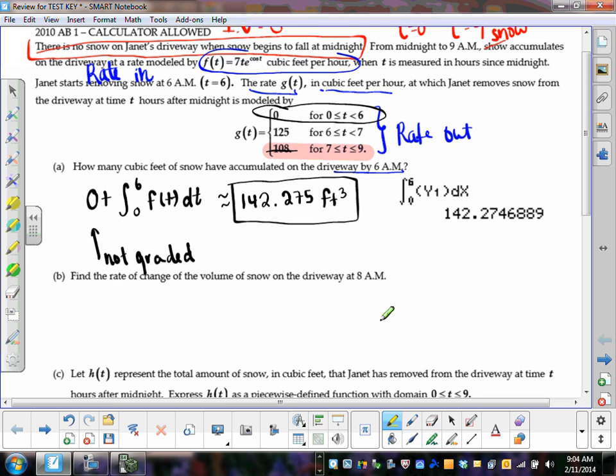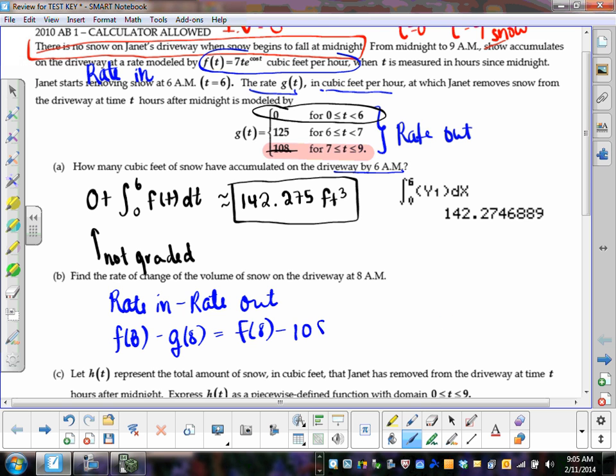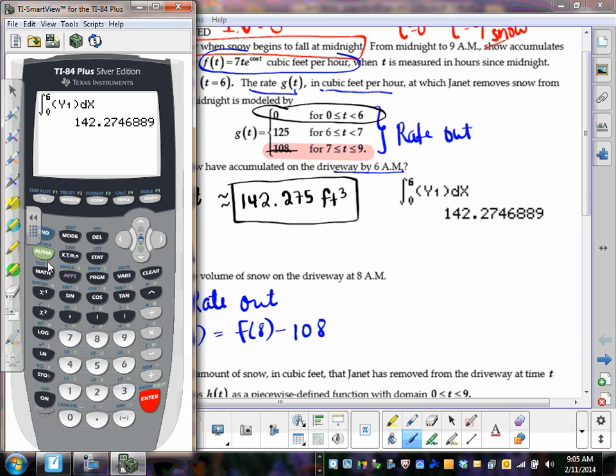And now the rate of change of volume is actually the rate in minus the rate out. So it's the overall rate. So at time 8, that's actually f of 8 minus g of 8, which is f of 8 minus 108. You have to choose appropriately. And then you need to use your calculator.